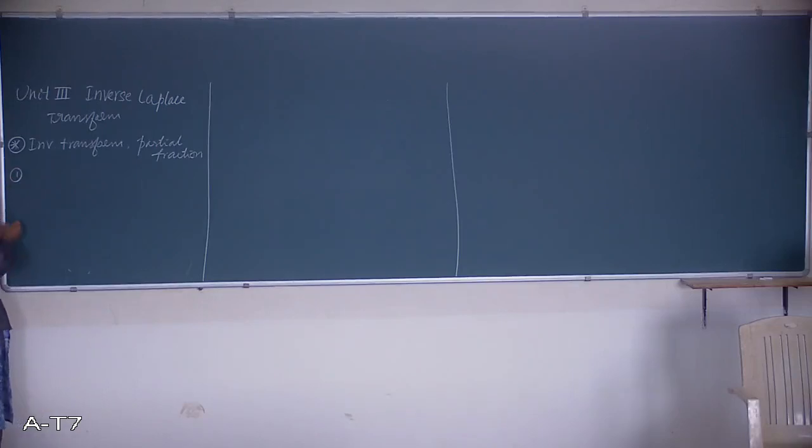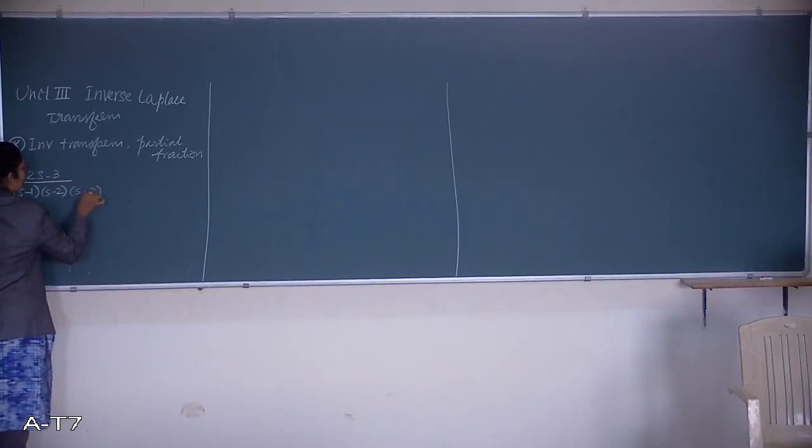The example I have chosen here is (2s minus 3) upon (s minus 1)(s minus 2)(s minus 3).